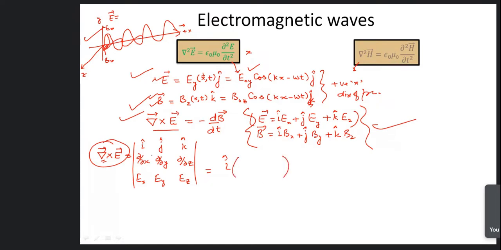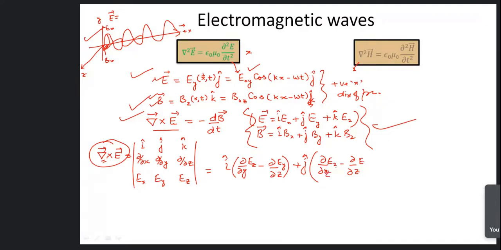So this is the i component of del cross E, which is this minus this, plus you can write j cap, and it is del over del x of Ez minus del over del z of Ex, with opposite sign.